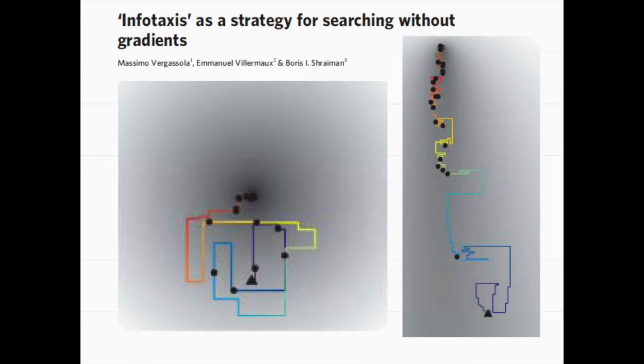So the change in uncertainty from the anticipated move is how much information I expect to gain if I make a move to a given direction. So in this case, that's the setup of the algorithm.